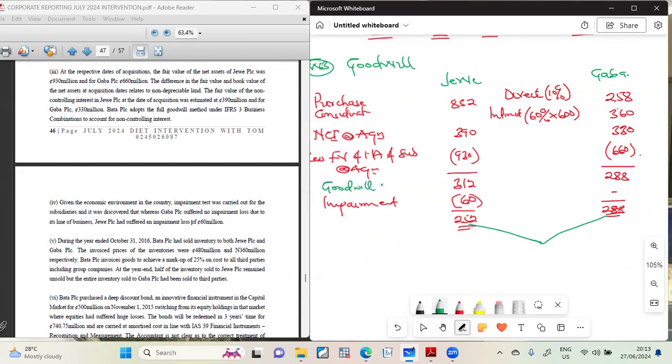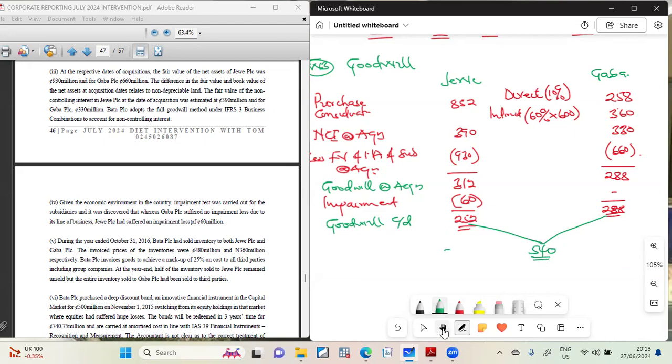And that one, you compare the recoverable amount with the goodwill at acquisition. The difference is the impairment. Okay. But that means the question has given you impairment. So if he doesn't give it to you, then he didn't give it to you. You can't force it. So the total is what? 540, right? So this is our goodwill.